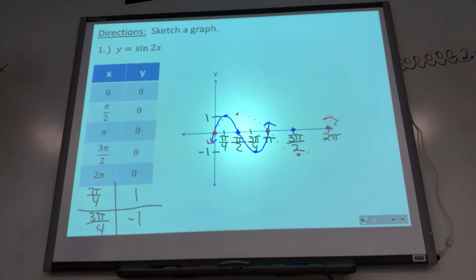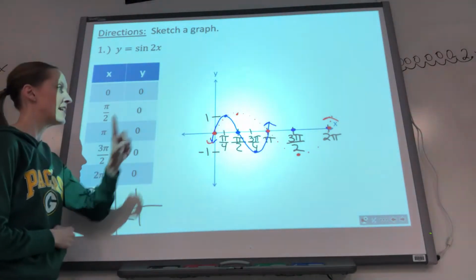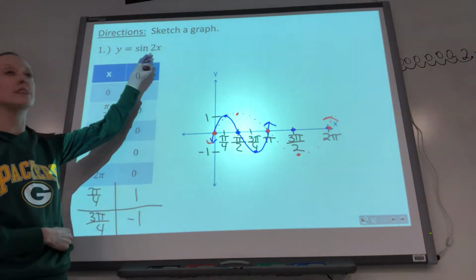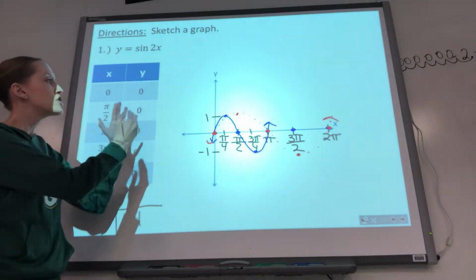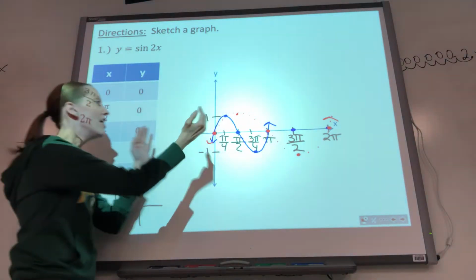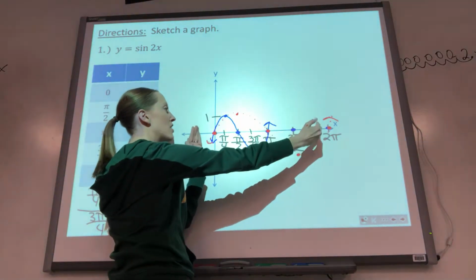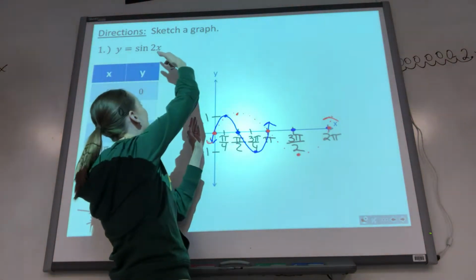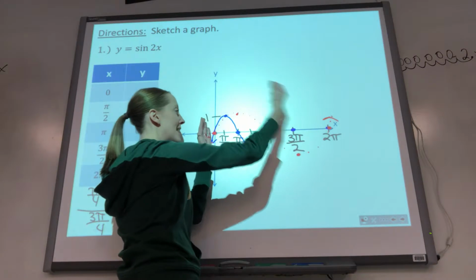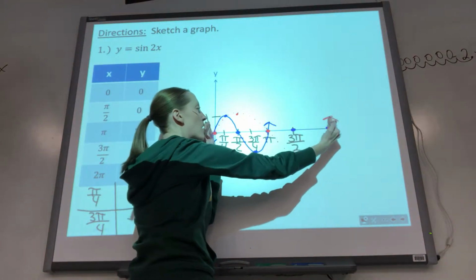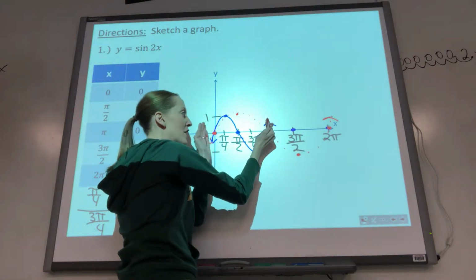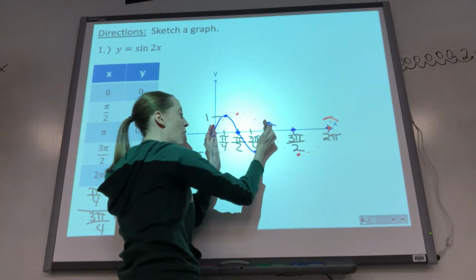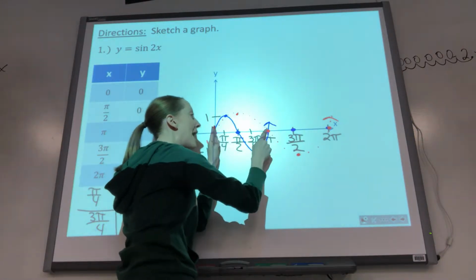So what I want you to notice is the 2 that was in front of the x changed the period. The period of the sine graph used to be 2 pi. Well, that 2 being multiplied by the x sort of scrunched the period up a little bit, and now it only goes to pi.